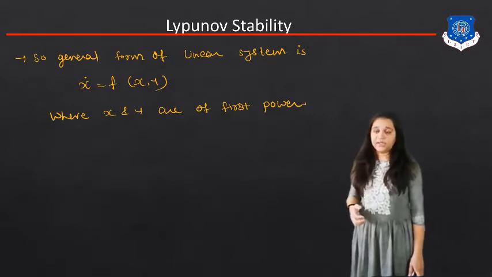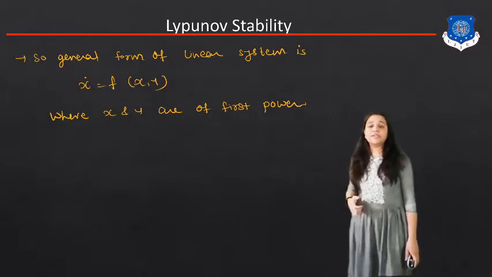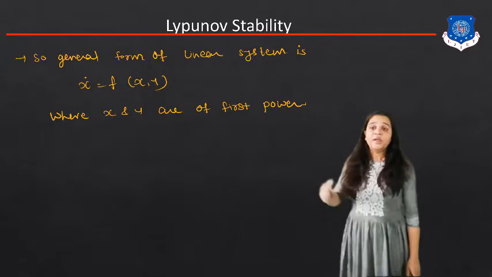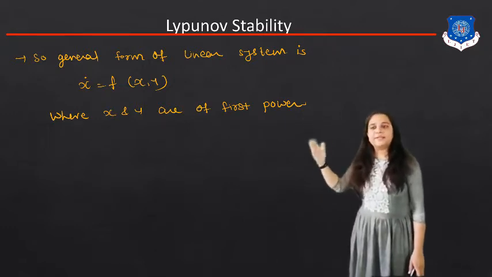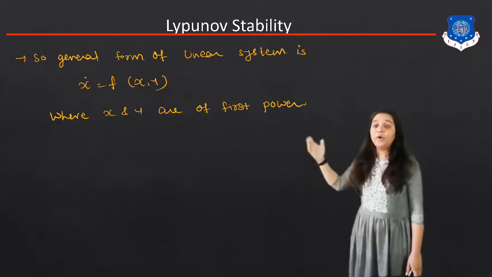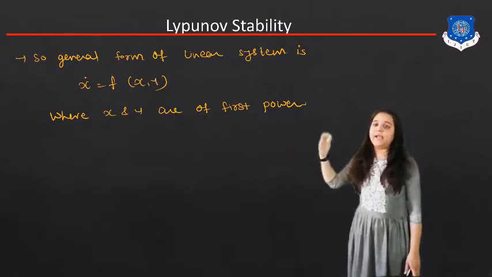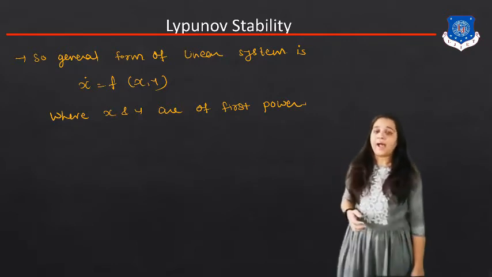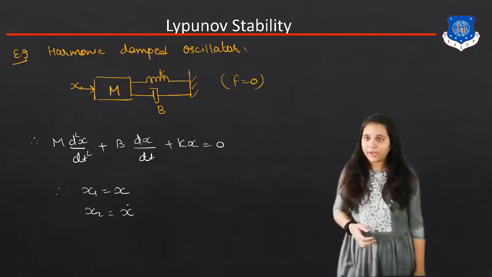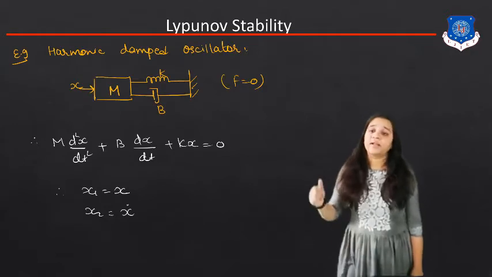In general, if we have to write the equation for a linear system, we write it in this form: x dot, which is equal to dx by dt, is equal to a function of x and u, where x and u are of first order. Now we take one example.